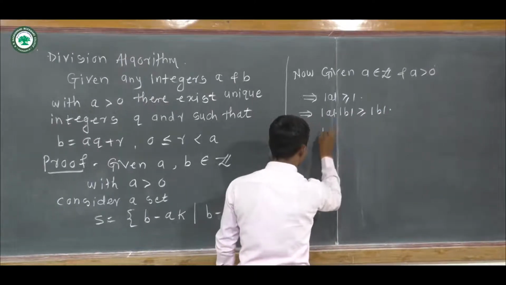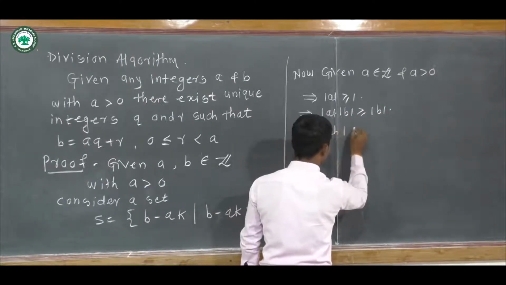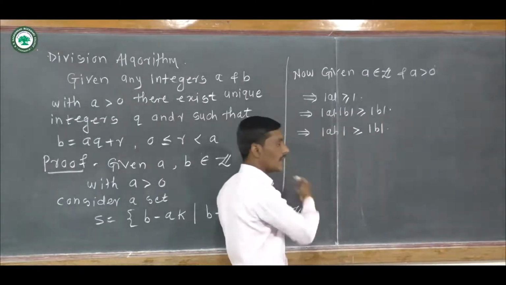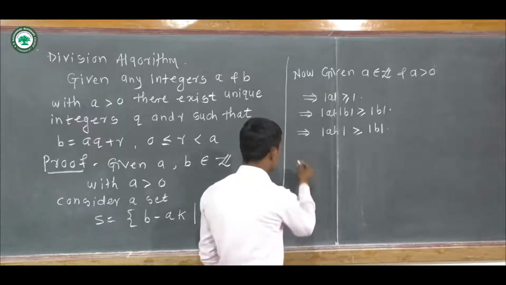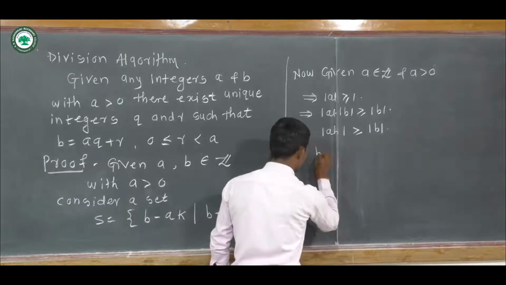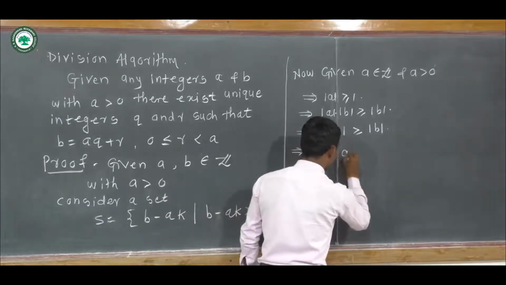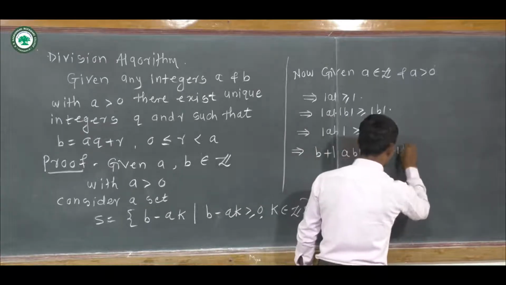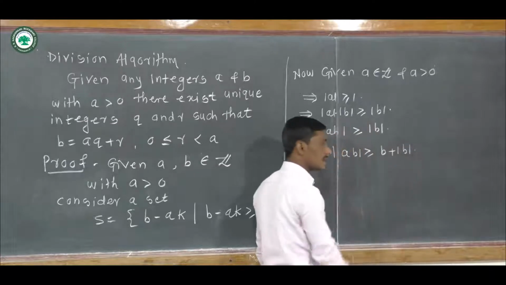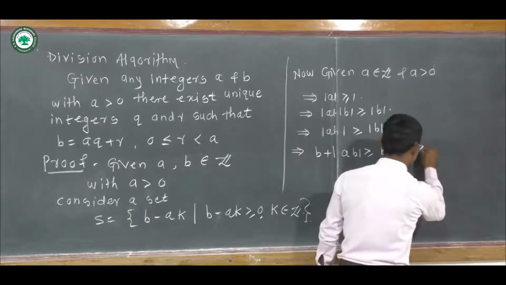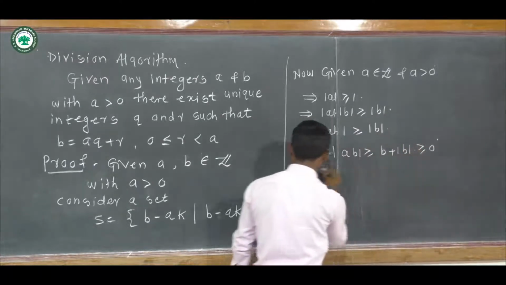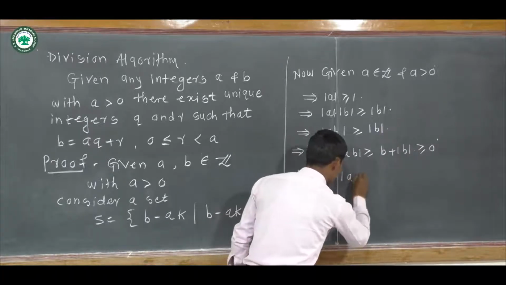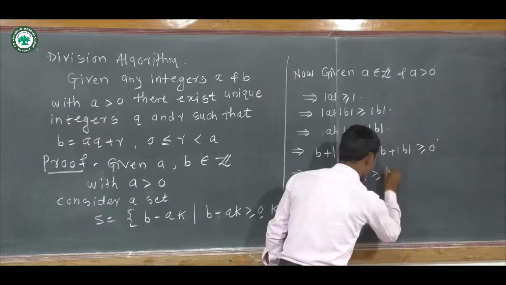This implies the absolute value of a times b is greater than or equal to the absolute value of b. Now add b to both sides. This implies b plus the absolute value of a times b is greater than or equal to b plus the absolute value of b, and b plus the absolute value of b is always greater than or equal to 0, which implies b plus the absolute value of a times b is greater than or equal to 0.